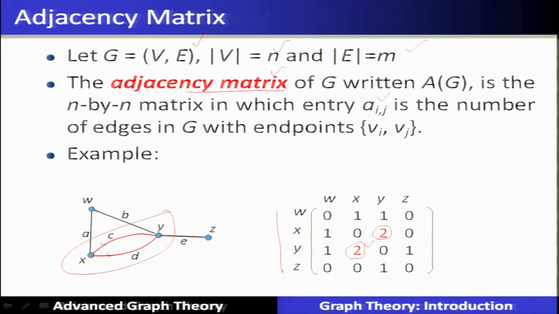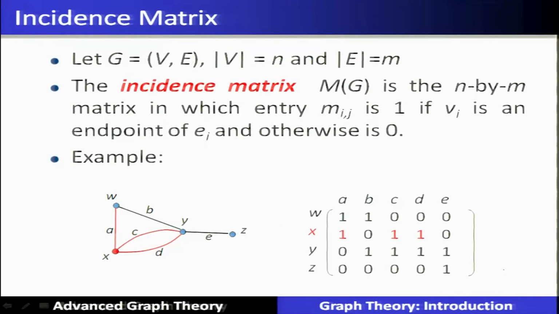So, on the rows the set of vertices, similarly on the columns the set of vertices, and these entries show how many edges are connecting them, how these vertices are connected. This connectivity representation of a graph is called the adjacency matrix. So, this is the adjacency matrix representation of this particular graph G.